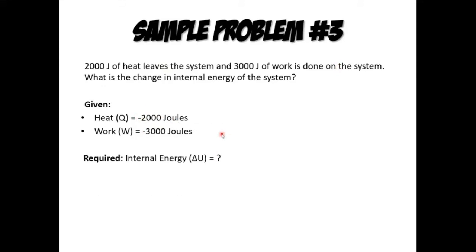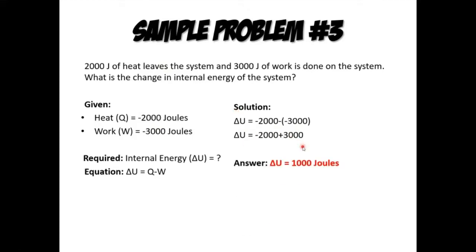And then yung required is internal energy, same equation pa rin, same process, same procedure. Negative 2,000 minus negative 3,000. So magta-transform siya into this: negative 2,000 plus 3,000 is equals to 1,000 joules.